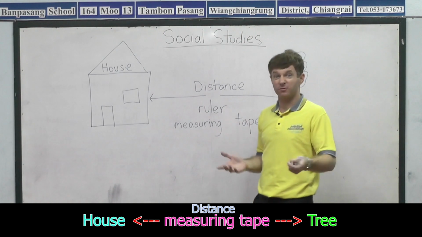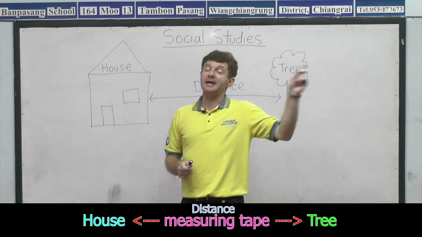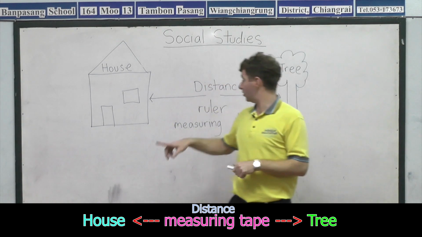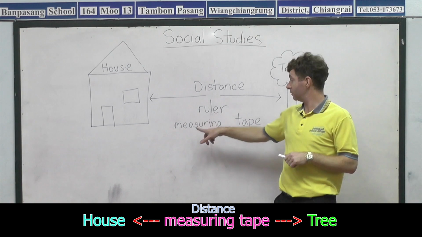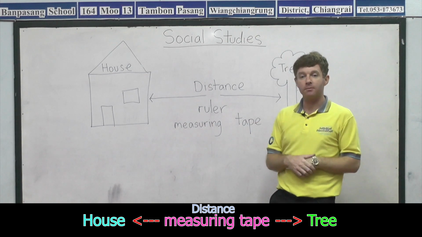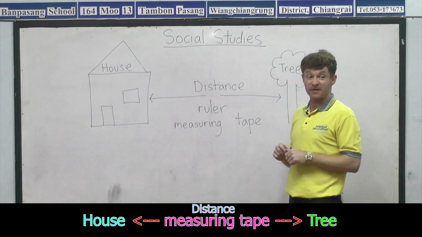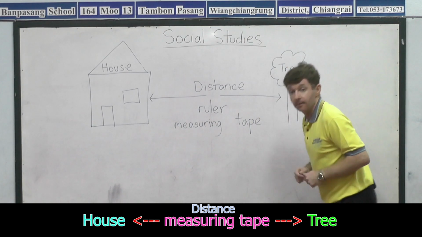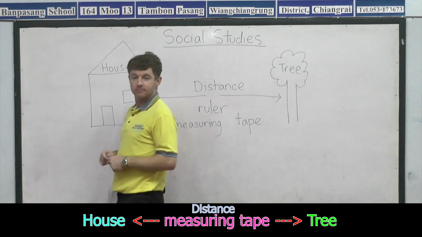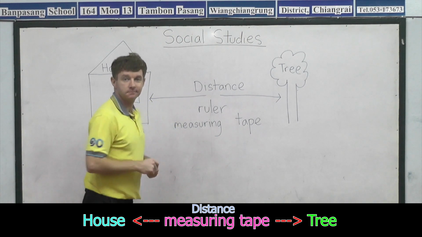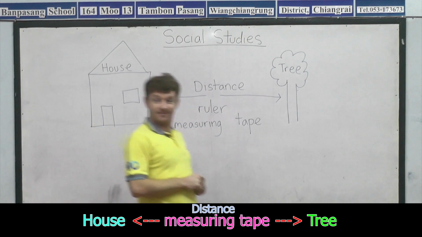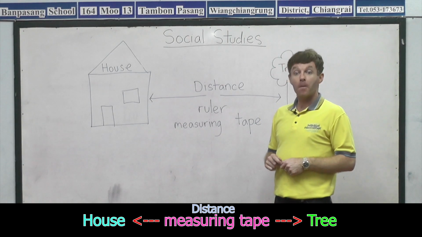There's other sorts of things that we can use. Back in olden times, before we had rulers, before we had measuring tape, do you know one thing that was used in olden times? Do you know what this is? Pace.